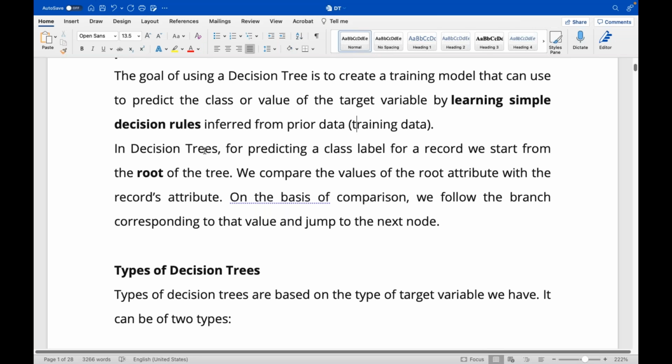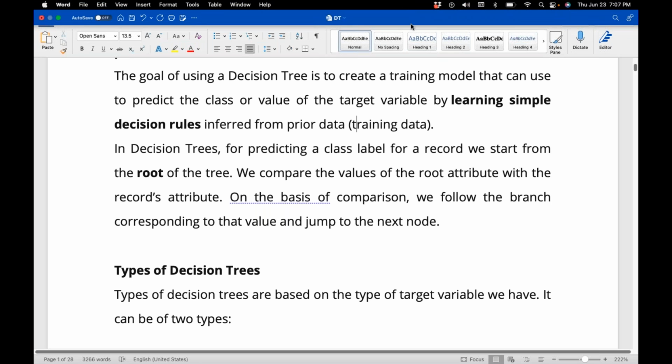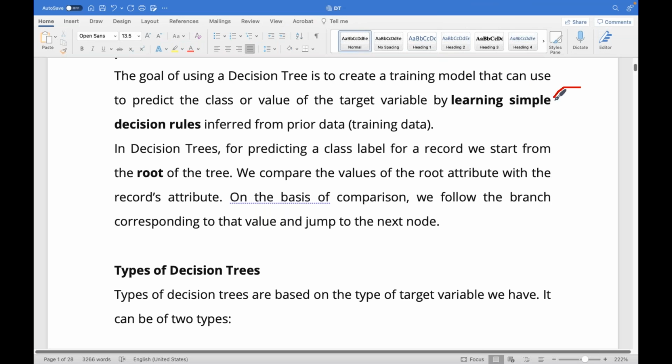Next point: in a decision tree, for predicting the class label for a record, we start from the root node. How the decision tree works is very simple. If we have different features, it splits into different nodes. The top node we call the root node.